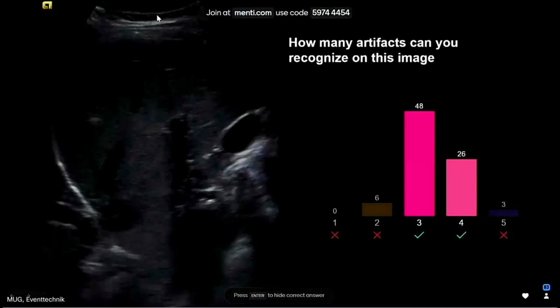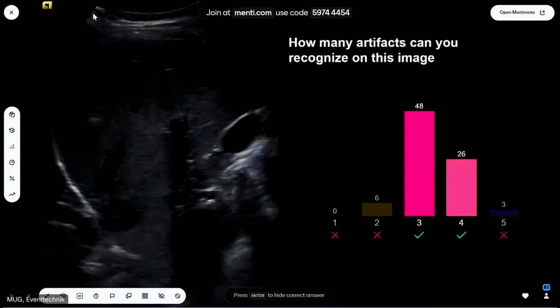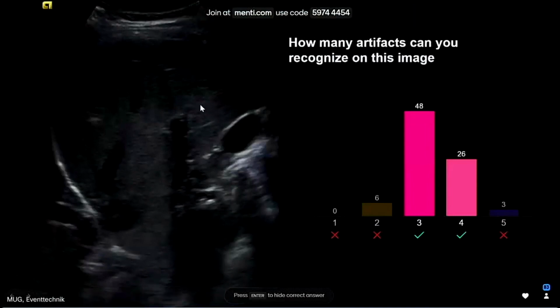And again, we have the skin and the peritoneum, which cause some reverberation. If you have a very close look, you would see some dark structures at the borders of our image, which are shadows of ribs. So we have the acoustic shadow artifact here. So you can see at least 4 artifacts on this image.